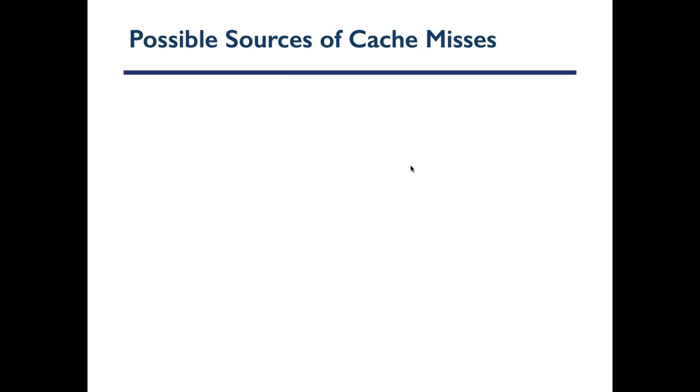Okay, now that we're here and we saw one instance of ineffective use of cache, let's talk more generally about what would be the cause of having cache misses. Just a reminder, a cache hit means that you access your cache and you find your data, and a cache miss means that you access your cache and your data is not there.